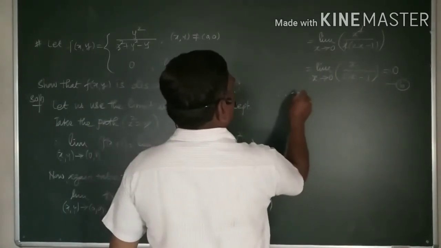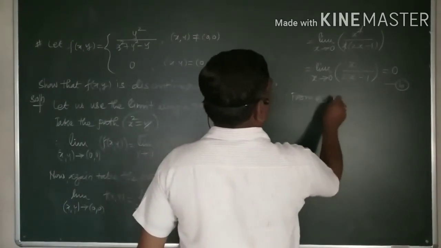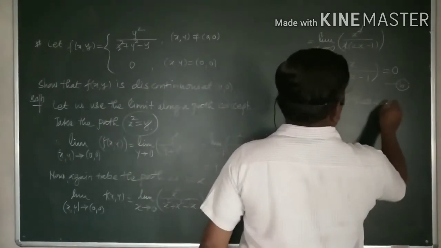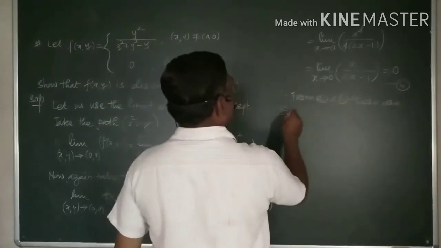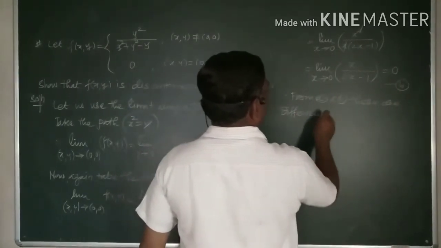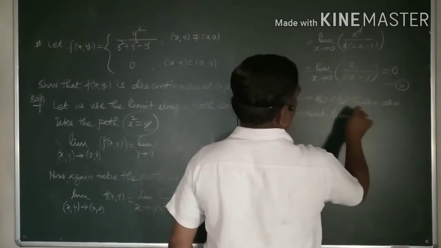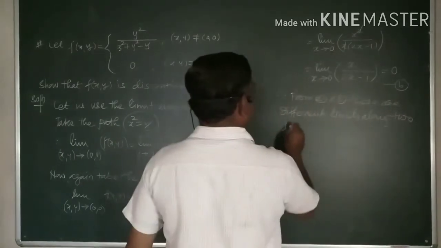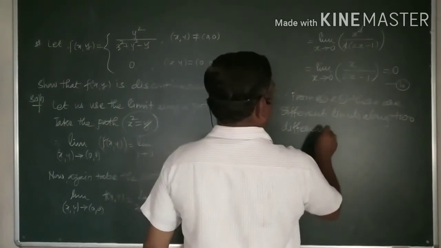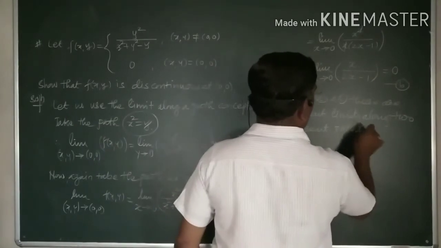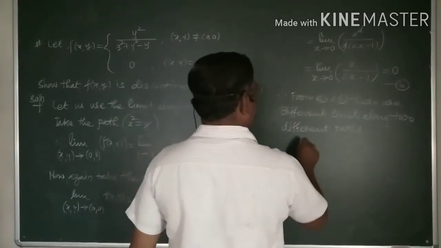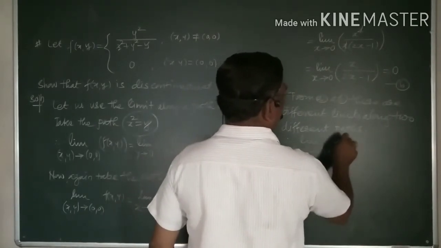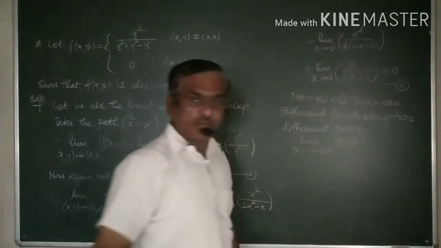Therefore, from A and B, there are different limits along two different paths, right? Different paths. Okay, and therefore limit (x, y) tends to (0, 0) of f(x, y), what can you say about this one?